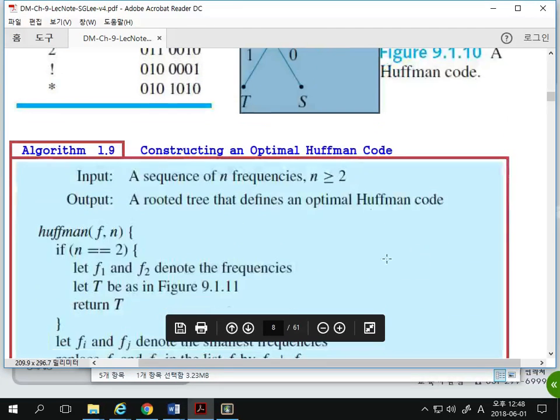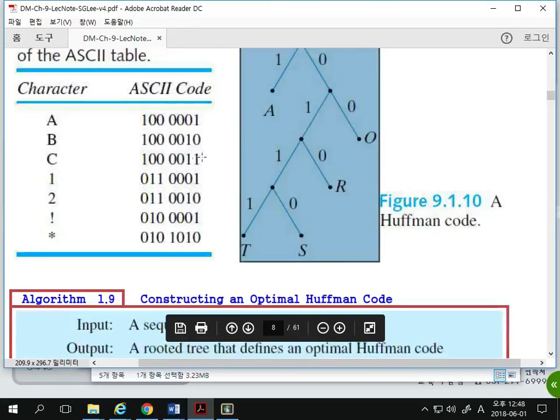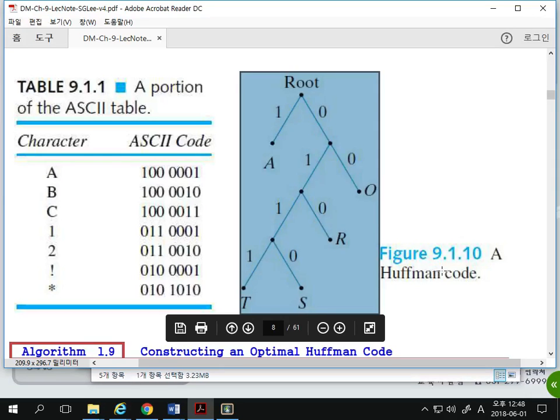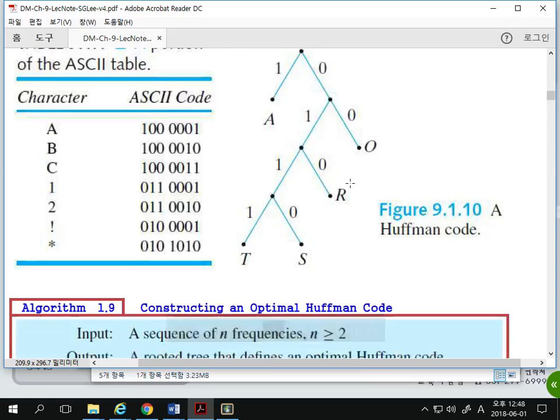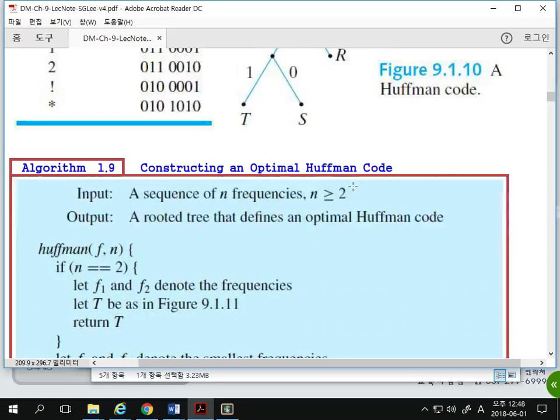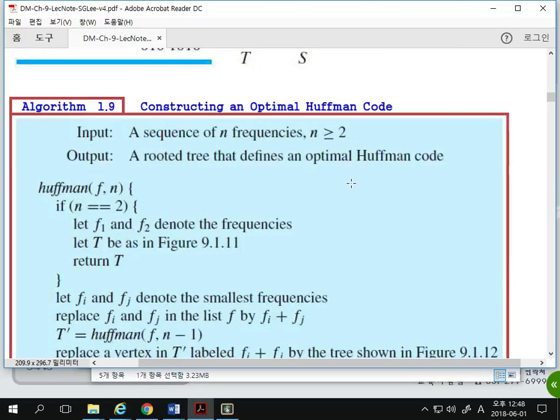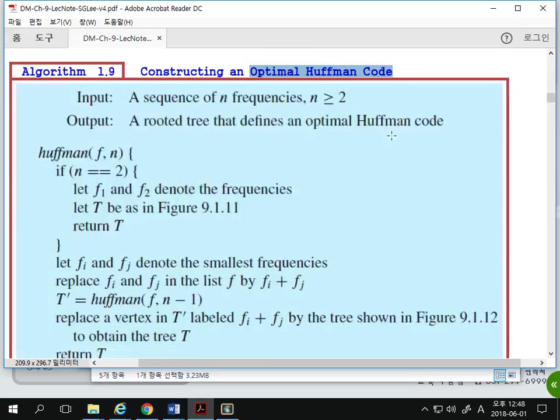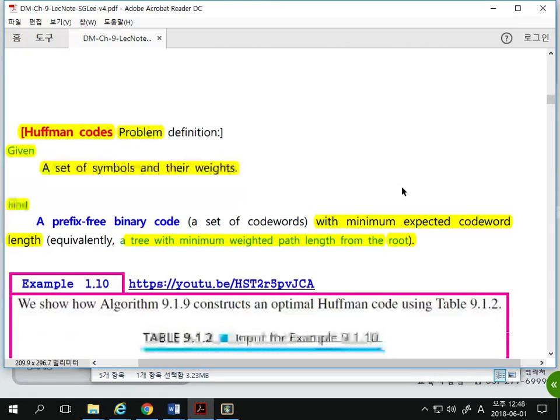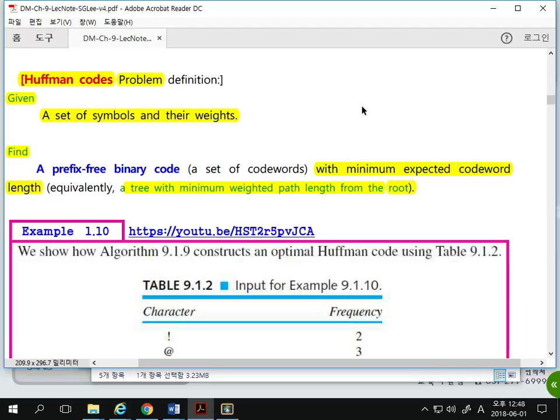Here, this is an example of the Huffman code for the rooted tree, and the next algorithm is the way of constructing an optimal Huffman code. The problem of Huffman code is this.